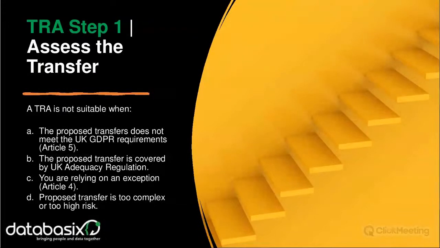If, like I've already said, it's not suitable to do a risk assessment because actually there's an adequacy decision in place that says the data can be transferred. You are relying on an exception, which actually should say 49, not 4. So it's a one-off transfer and you've got consent, or you have a contract in place to facilitate that data transfer, or the transfer is too complex and too high risk.